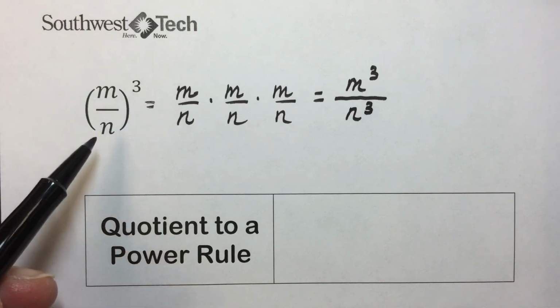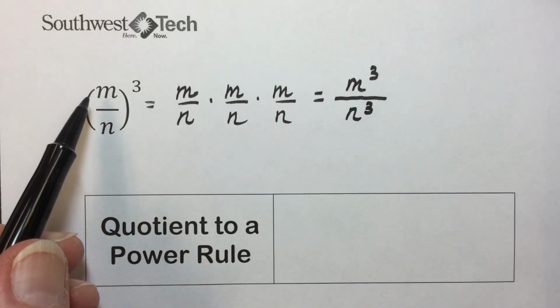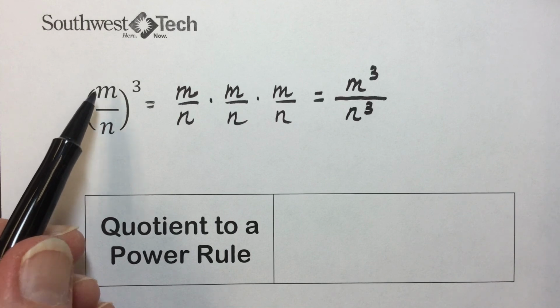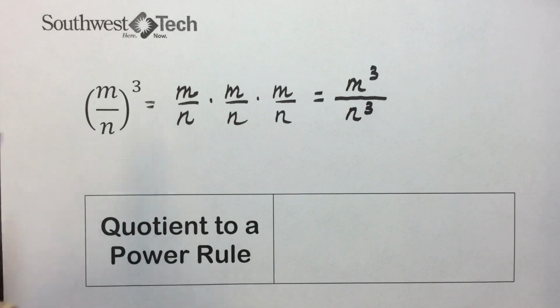If we look at where we started and where we ended up, we see that the numerator is raised to the power as well as the denominator is raised to the power.